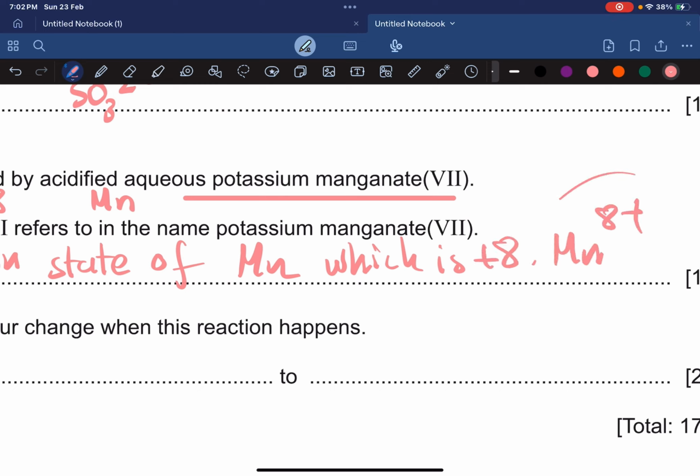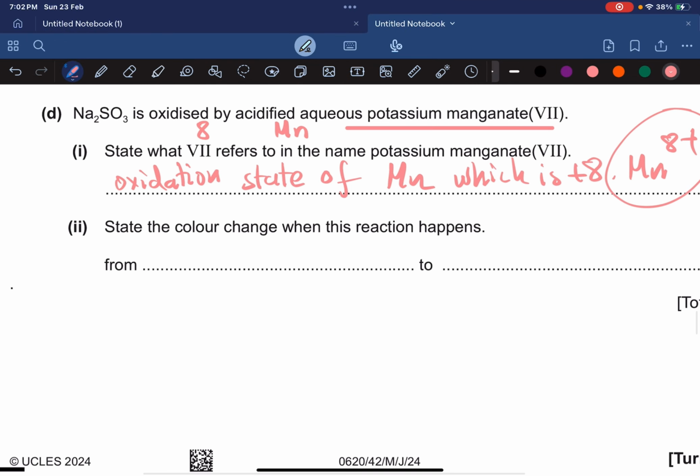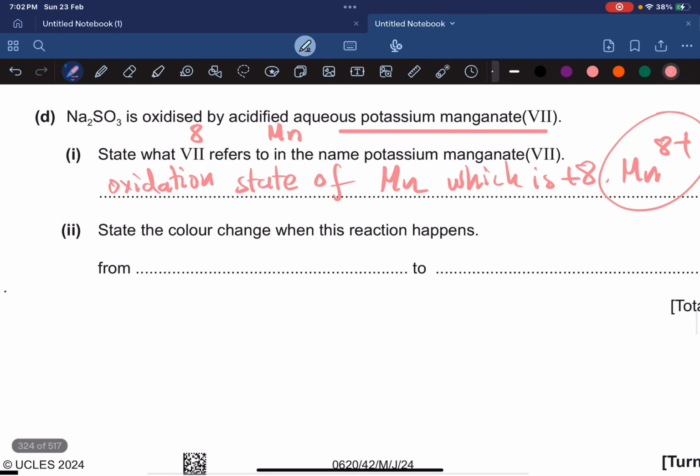This is what it means. Okay, state the color change when this reaction happens. This potassium manganate is purple in color, so it's going to be purple.